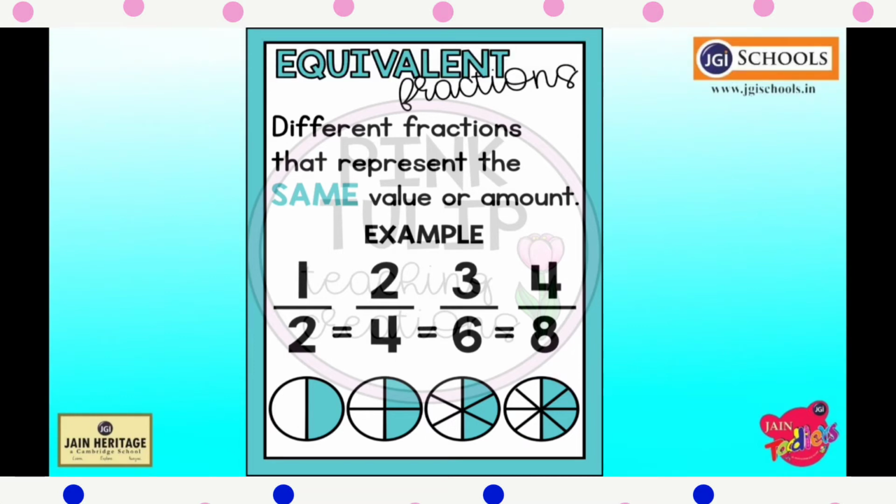Though in the first one it is one part, in the second it is 2, in the third it is 3, and in the fourth it is 4, the circle is half shaded. So the final answer will be 1 by 2 only. Even if you write 2 by 4, 3 by 6 or 4 by 8, they are similar terms. So these fractions are known as equivalent fractions.